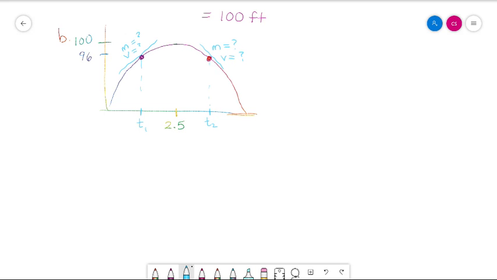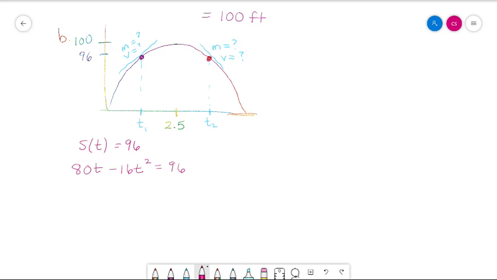Lots of steps to this problem as well. So again, they wanted to know when the ball was 96 feet above ground. So that correlates to the position function. So when is 80t minus 16t squared equal to 96? All right, so we got to solve this.